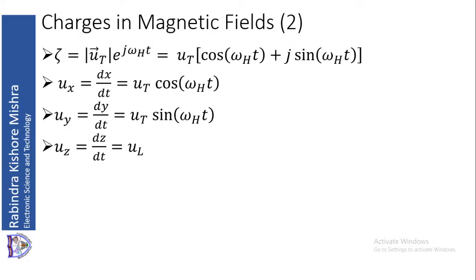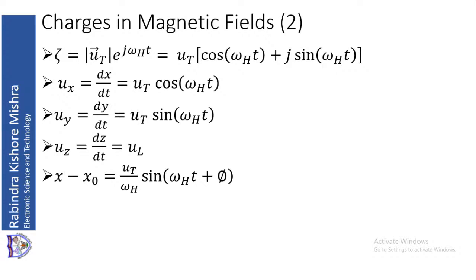Therefore ug will be equal to ul, ug will be equal to dg by dt. Now this is also a first order differential equation, so g will be equal to some constant plus ul into t.